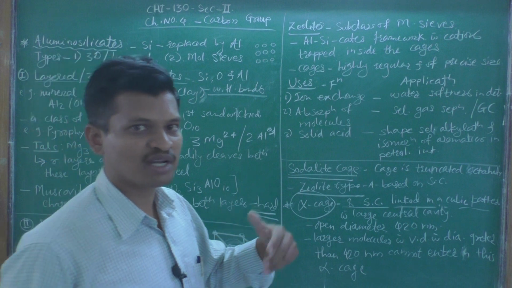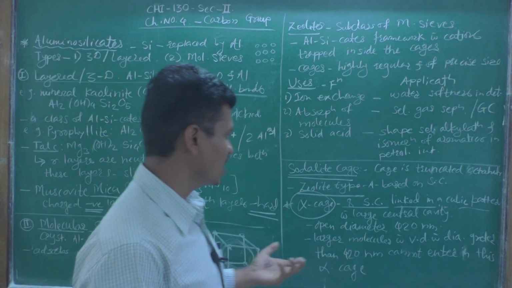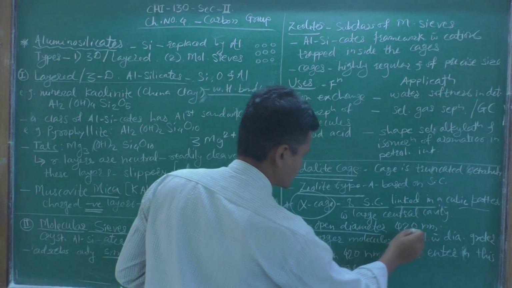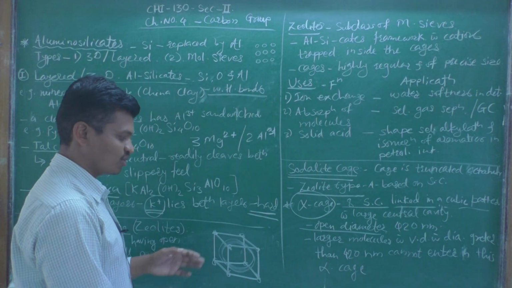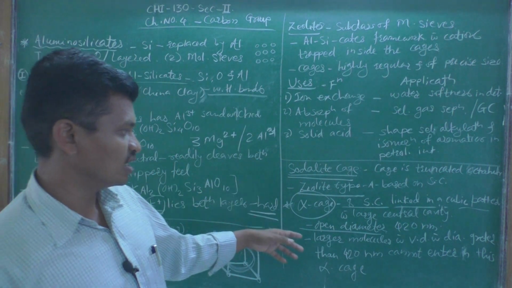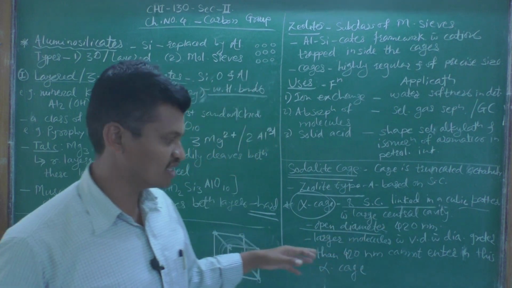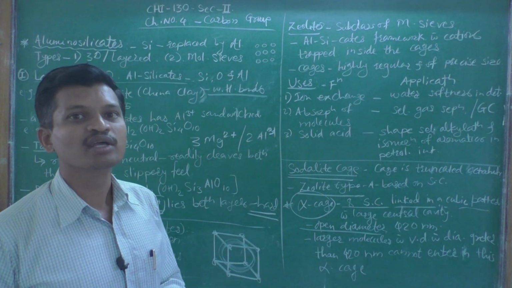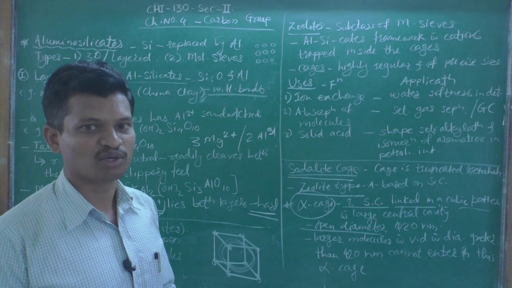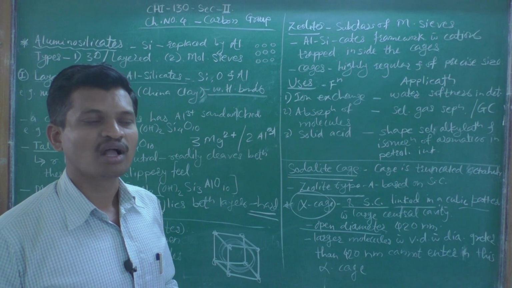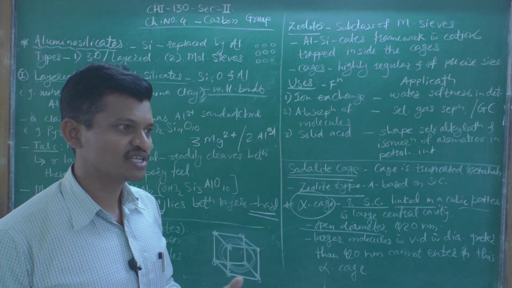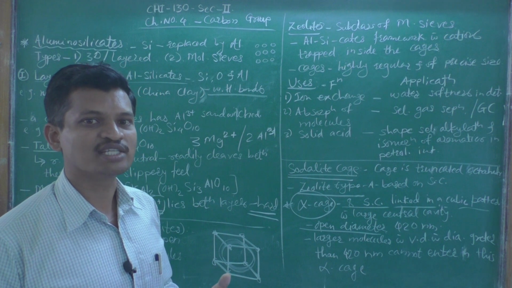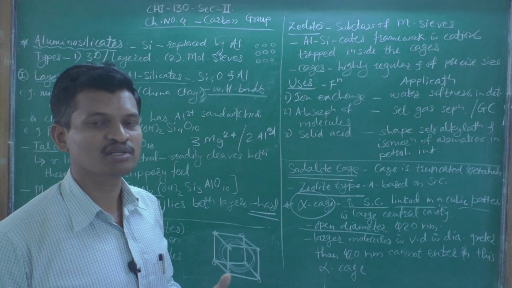Since their size is greater than the open diameter of the cage, they cannot pass through it. This is the basic way they can be used as molecular sieves or zeolites.